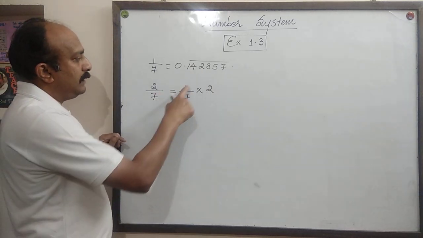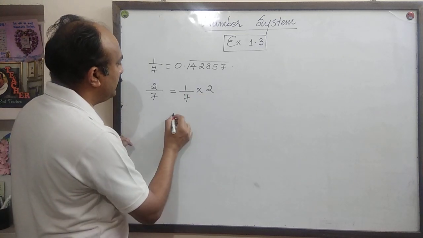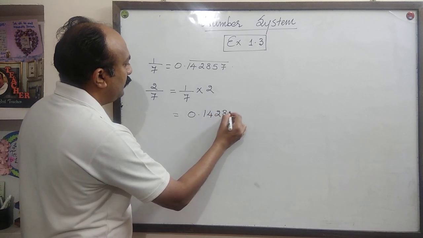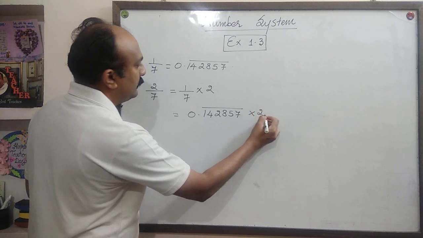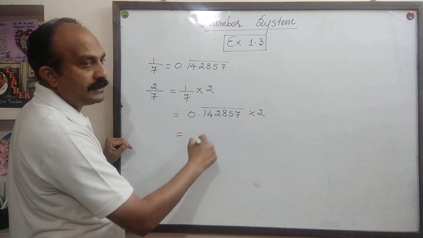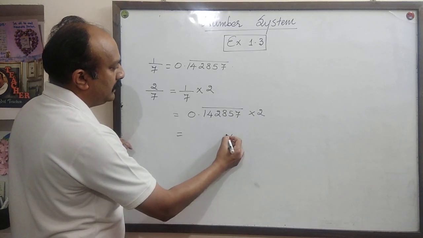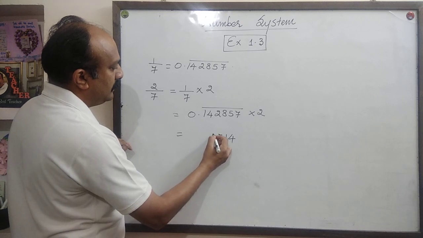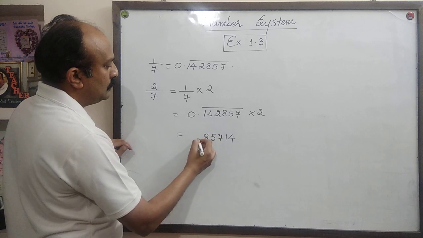Now what is the value of 1 upon 7? 0.142857 bar into 2. Now do you know what the answer will be? Multiply 7 into 2, 14. 1, 7, 5, 8, 2.